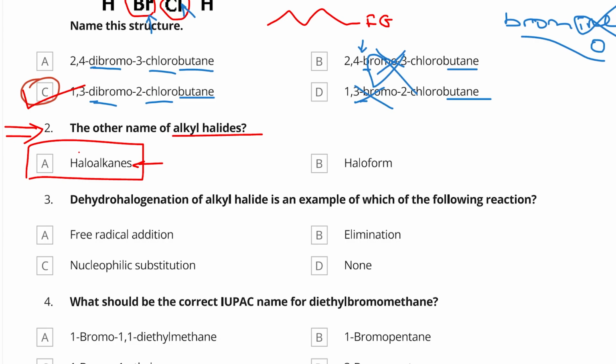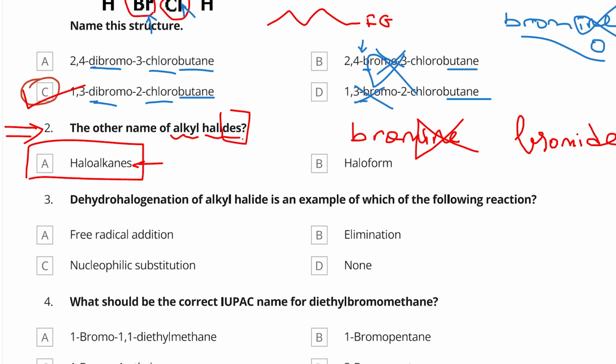If we have a chloropentane, we have to mention the position of chlorine, because there are many possibilities. And the alkyl halide pattern tells us we can also name it as an alkyl group and then halide. So, for example, for bromine, drop the ine ending and add ide, so it will be bromide. But this is a common naming.